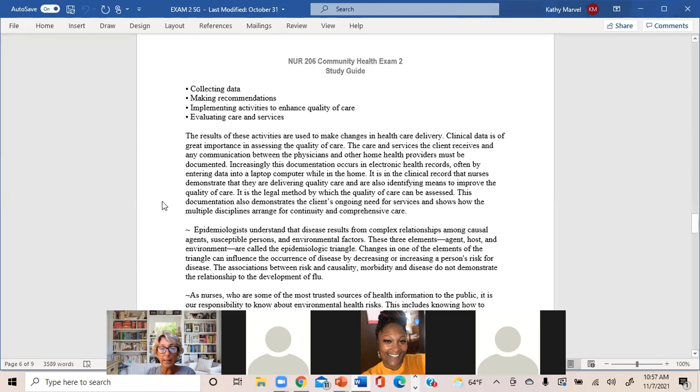Okay, clinical data is of great importance in assessing the quality of care. Right, documentation is critical. Increasingly the documentation occurs in electronic health records, right?